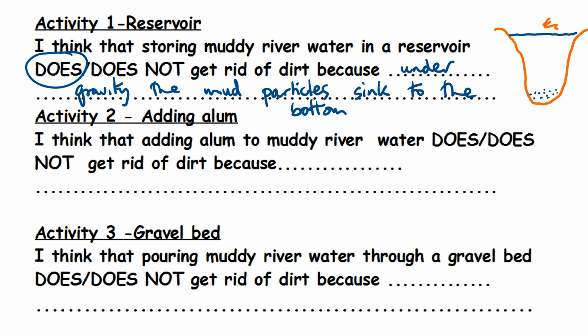Now, number 2, adding alum. I think that adding alum to the muddy water does get rid of the dirt, because the mud particles stick to the alum particles.